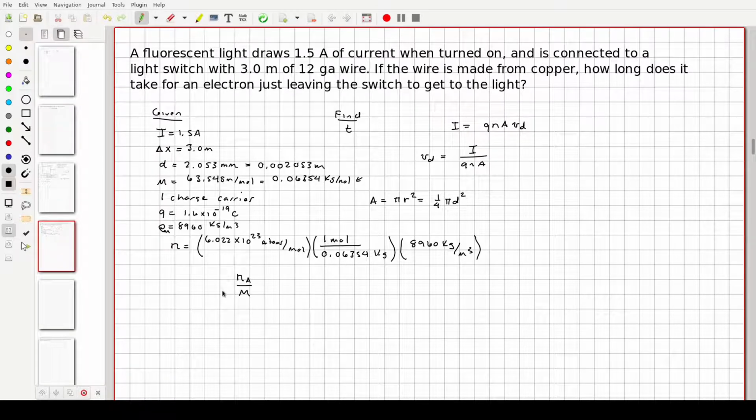Okay. So for future reference, the number of charge carriers that you have is going to be this number that we get times whether it has one charge carrier per atom, two charge carriers per atom, etc., and so on. All right. So if you were to do this calculation here, let me get my calculator.